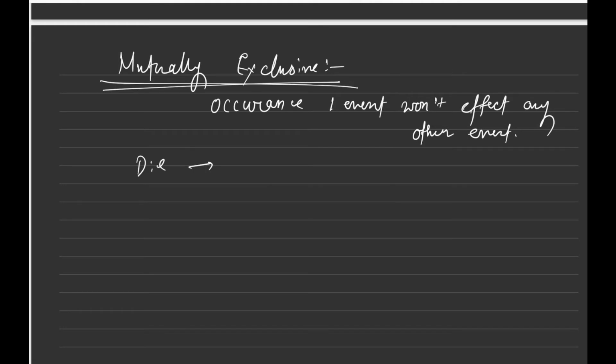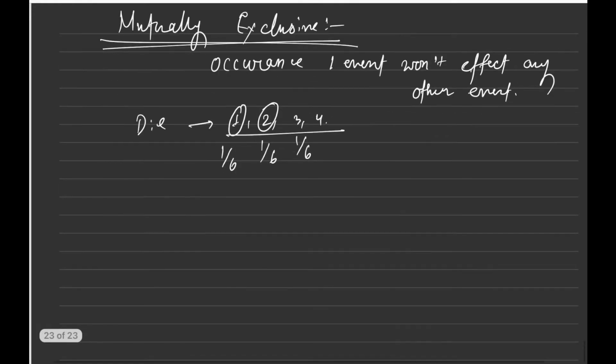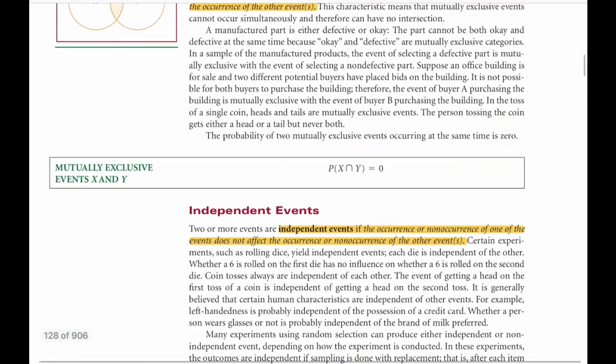Okay, now if I roll a die, getting 1 is independent of getting 2, is independent of getting 3, is independent of getting 4. The probability of getting each element is 1 by 6, 1 by 6, 1 by 6, right? It's independent of each other, mutually exclusive, right?